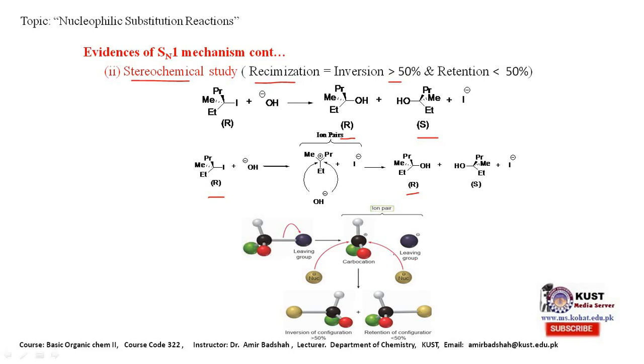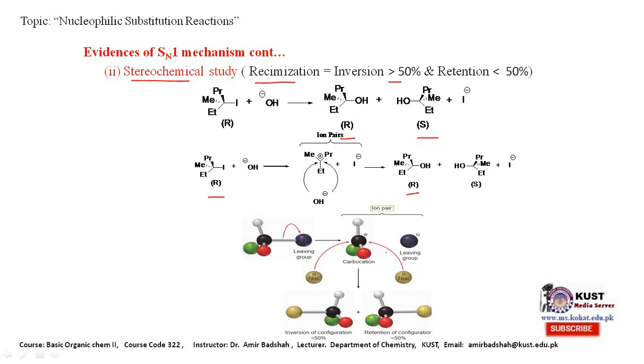When the leaving group leaves, its concentration is more here, so it produces a hurdle in the attack of the nucleophile. So the product obtained from the front side will be a little bit less.